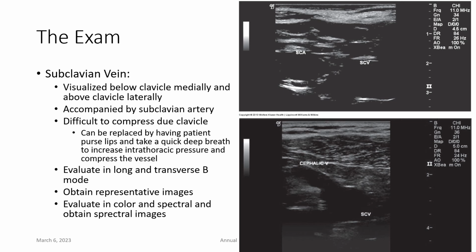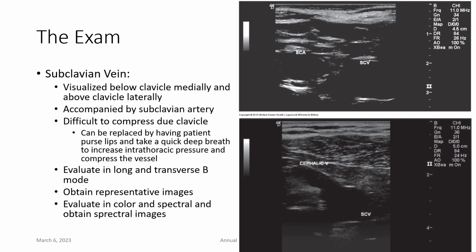Again, it's difficult to compress due to the clavicle, so you can utilize that patient with taking the pursed lips with a quick deep breath to compress that vessel again in areas where you may not be able to assess it with compressions. When you're doing your subclavian, you're going to evaluate it in transverse B mode with compression or with that pursed lips test, and then you're also going to evaluate it in long in B mode as well.